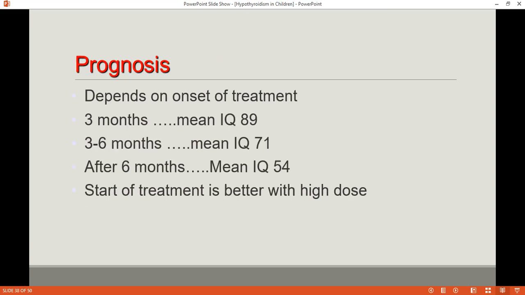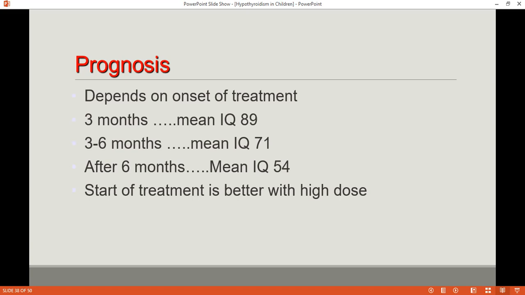Prognosis depends upon the onset of treatment. In congenital hypothyroidism, if treatment is started within 3 months, the mean IQ will be 89. If it is delayed and started after 3 to 6 months, the IQ will be 71, and after 6 months the IQ will be 54.